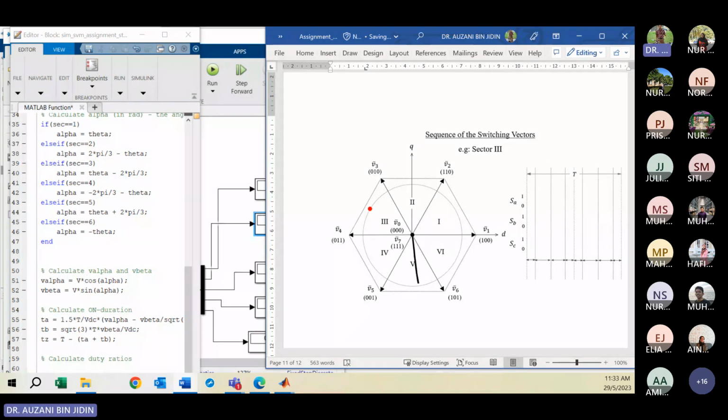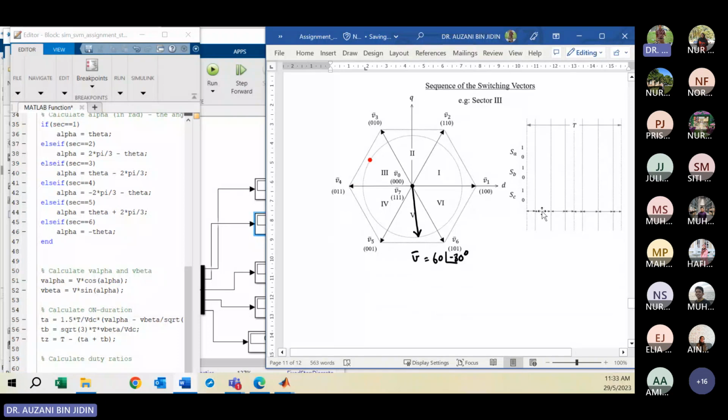So the space vector V, where the magnitude is 60 and the angle is minus 80 degrees. How to differentiate V alpha, V beta versus VD, VQ?